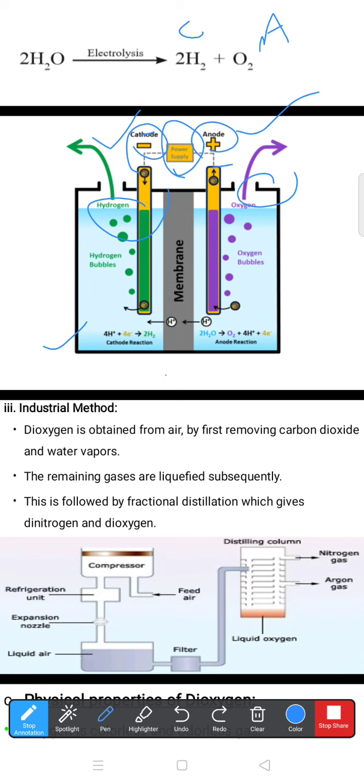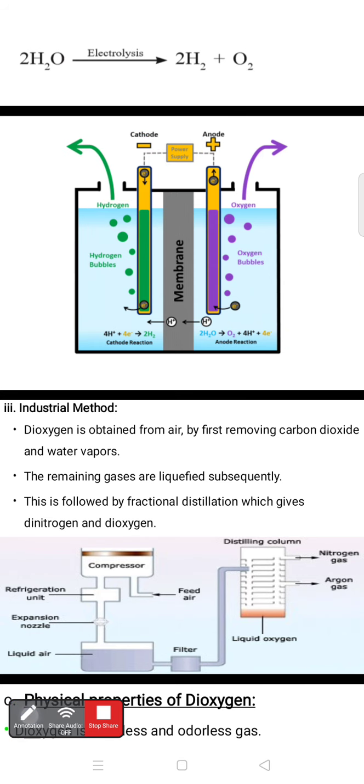On the other hand, you see two molecules of water give out oxygen with 4 H+, and 4 electrons are lost. So loss of electrons is called oxidation. At this side you will see oxidation, and here reduction.